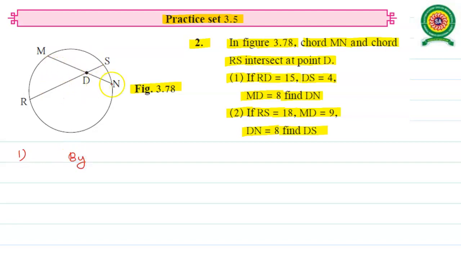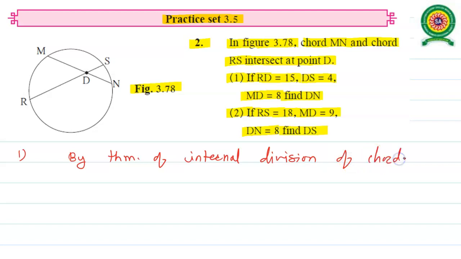Once the chords intersect at point D and the point D is an interior point of the circle, we use the theorem of internal division of chords.